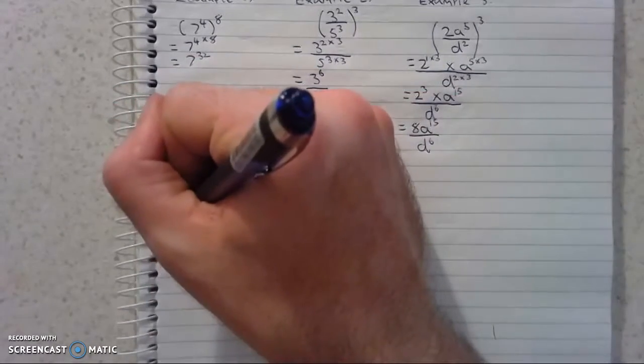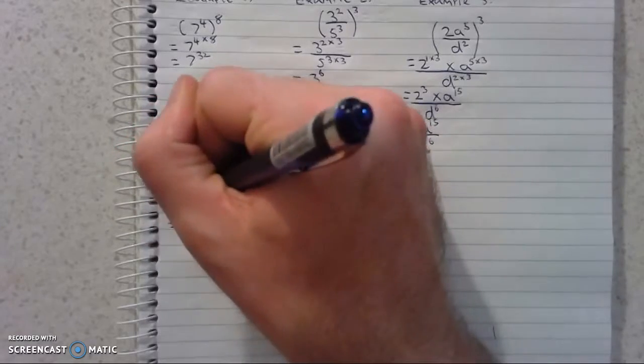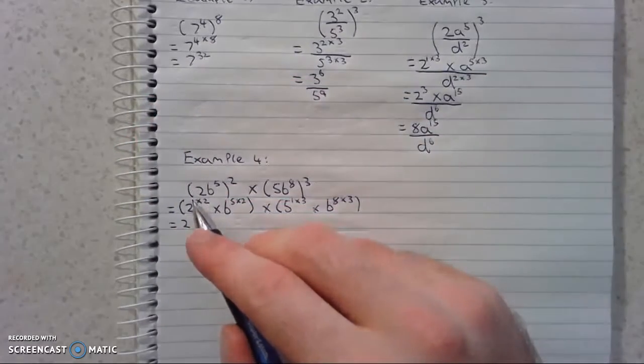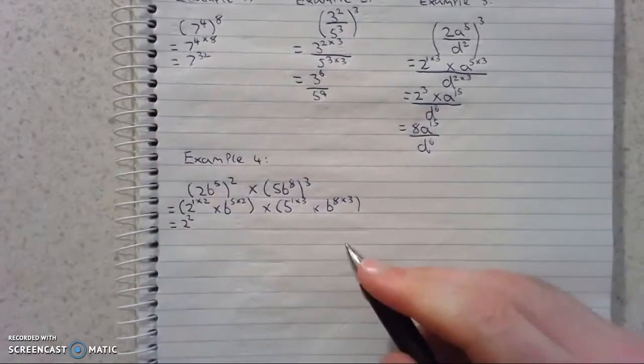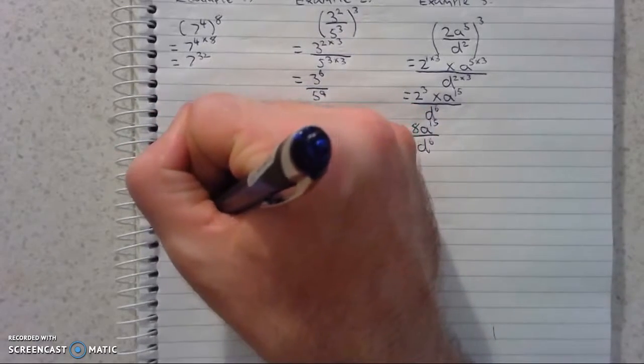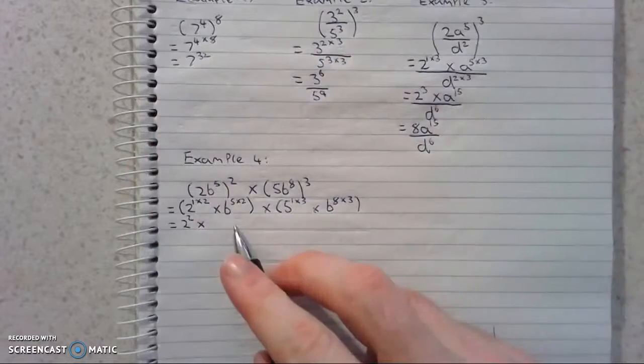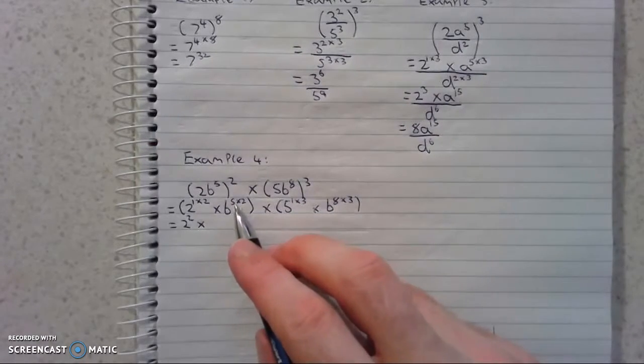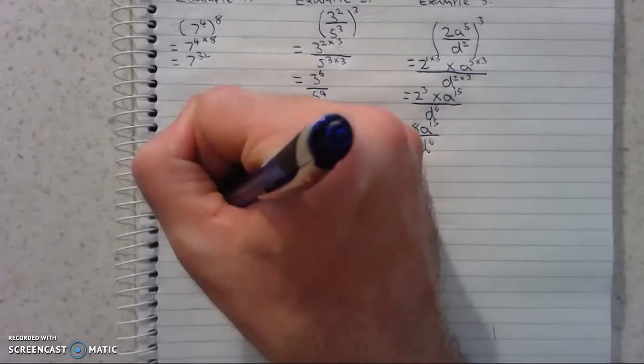So we know that 2 to the power of 1 times 2 is 2. So 2 to the power of 2 times b to the power of 10.